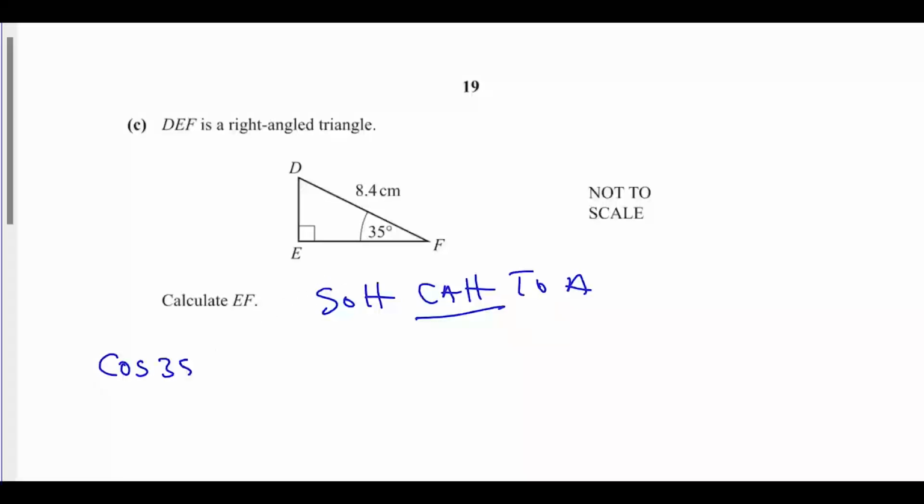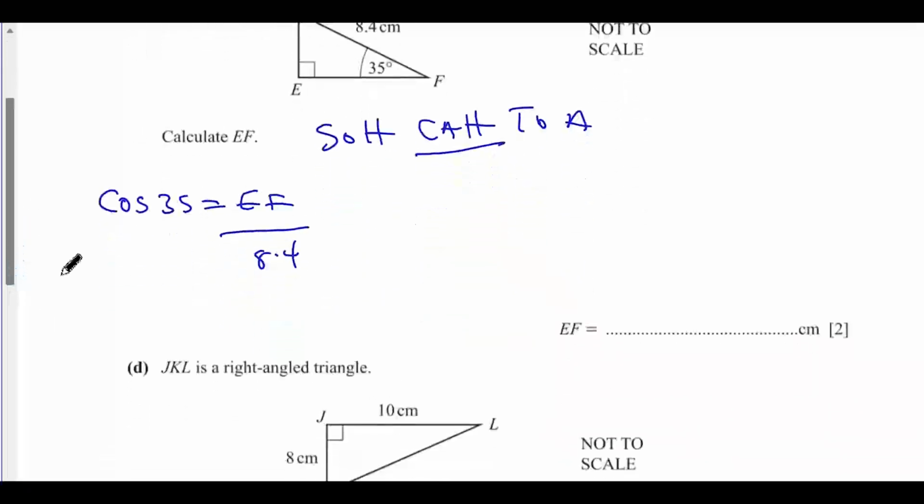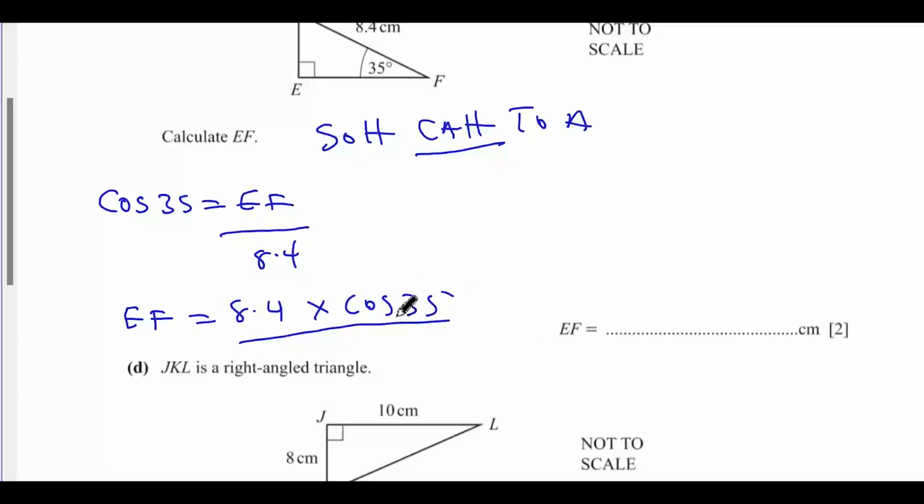So cos 35 equals adjacent, that is EF we need to get, over the hypotenuse, that is DF, which is 8.4. If you cross multiply, we're going to get EF equals 8.4 times cos 35. You can input this into your calculator and you will get the answer straight away.